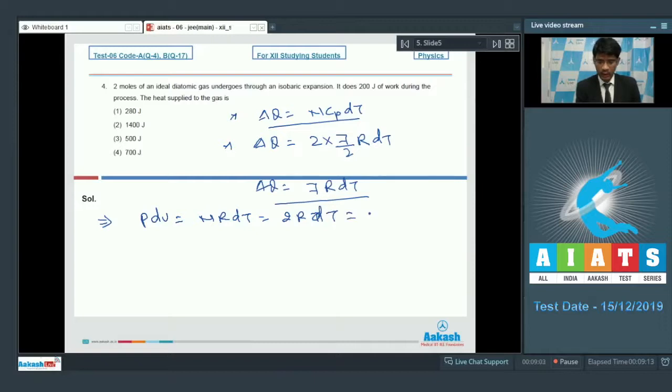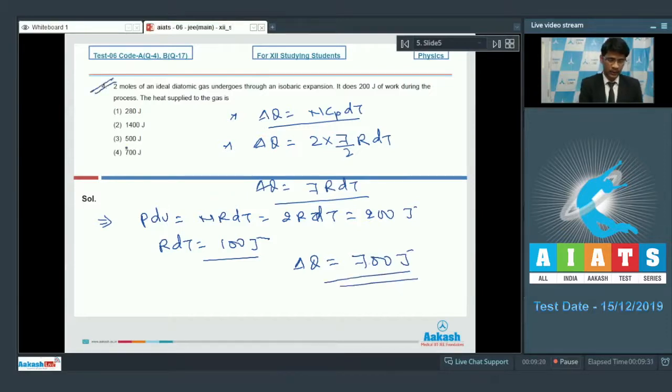This value is 200 joule. So clearly the value of R dT is 100 joule. So just replacing this value of R dT in this equation, we are getting the value of Q to be equal to 700 joule. That's the answer for question number 4. Option 4 is the correct answer.